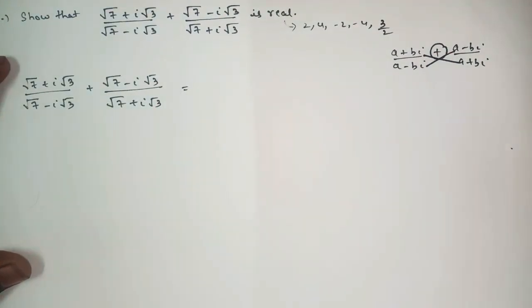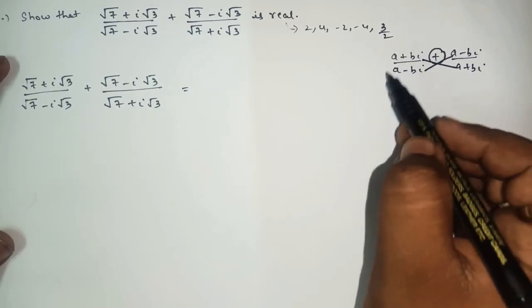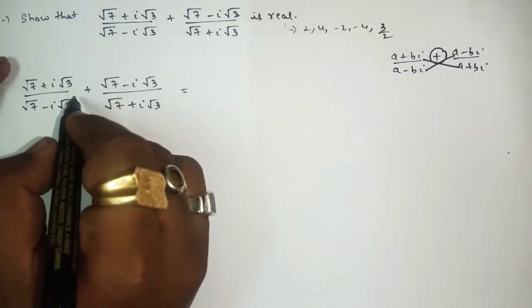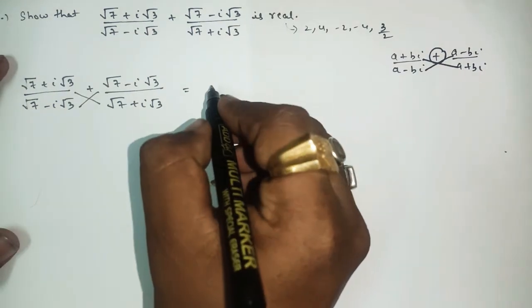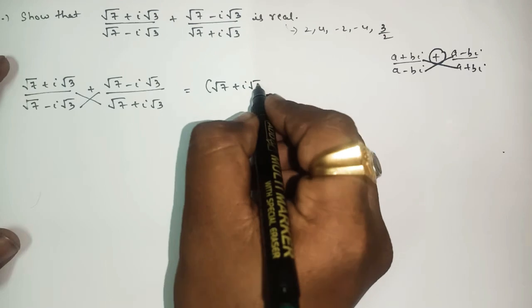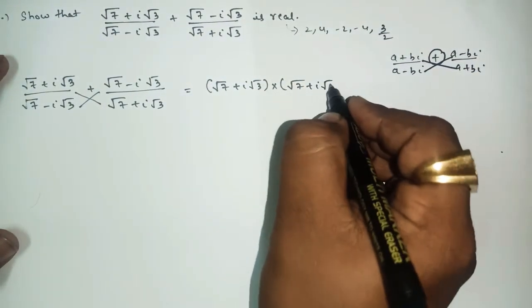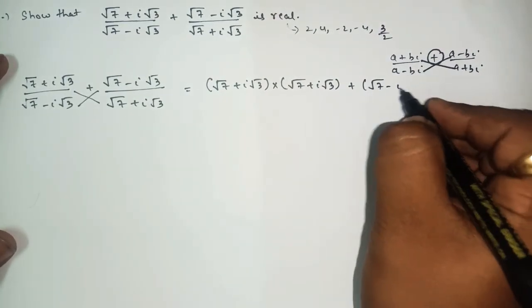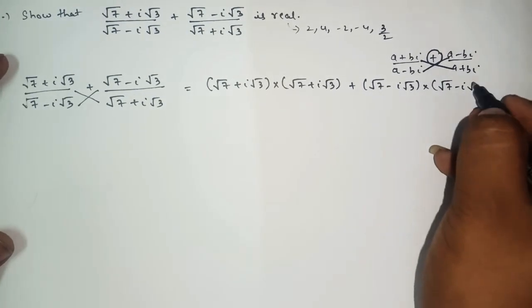Just now I told you, whenever the pattern is a plus bi and a plus bi in the numerator and the denominator, and here the connection is plus minus, so simply you have to do what? Cross multiply. So here when you cross it, you will get root 7 plus i root 3 into root 7 plus i root 3 plus root 7 minus i root 3 into root 7 minus i root 3.